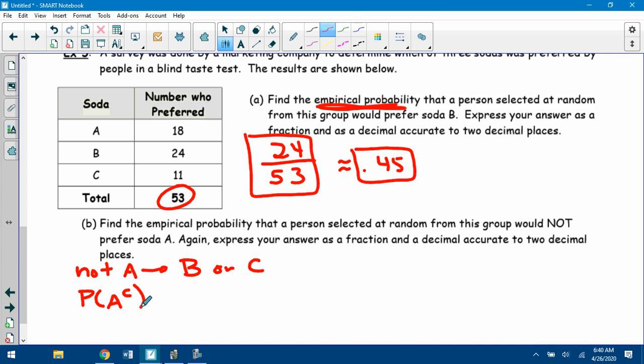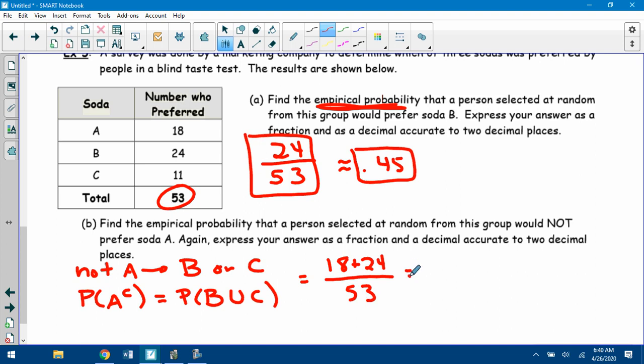That means not A. Or I could write it as the probability that they preferred B or C, kind of like a union. Union means or. Either way, I would add A or B, so the 18 and 24 people out of my total of 53.